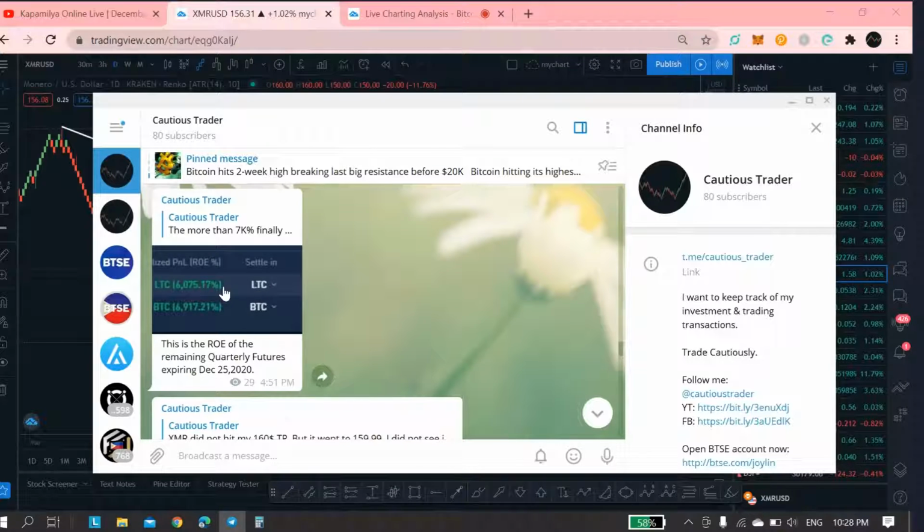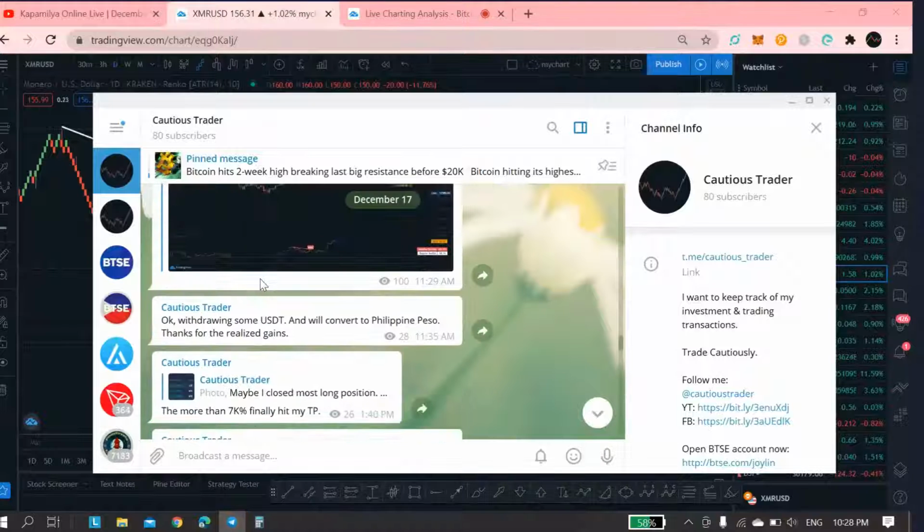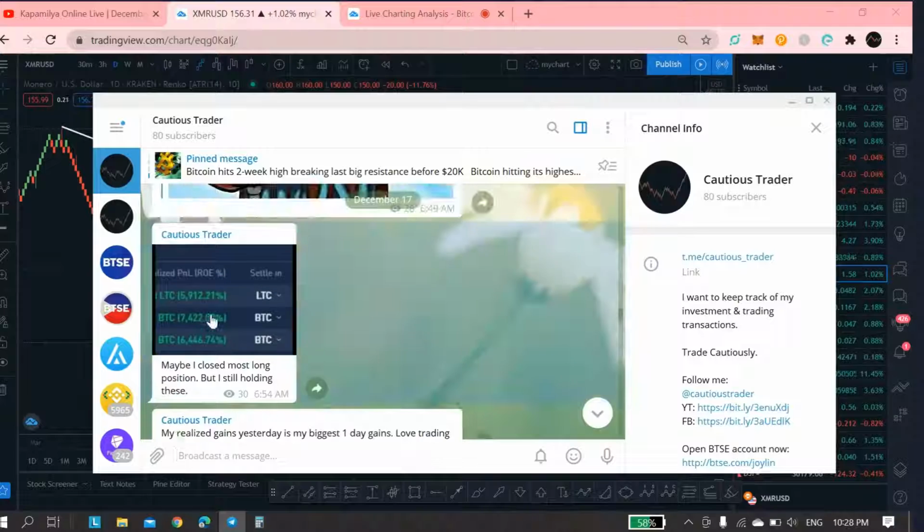And here, I think this is a quarterly futures. Actually, I had 3 quarterly futures contracts, but this one has already been closed at more or less more than $7,000 ROE, and hit my TP area.